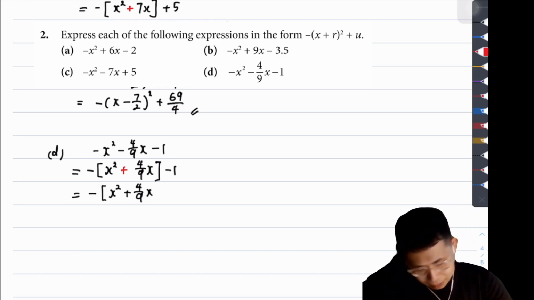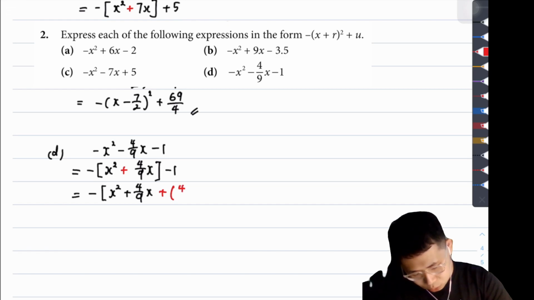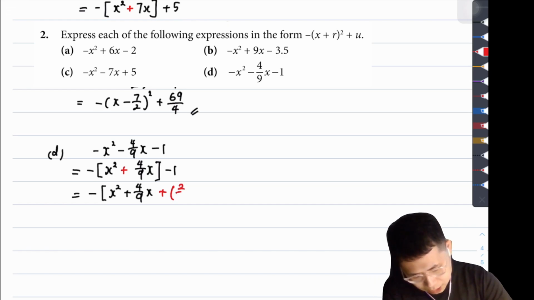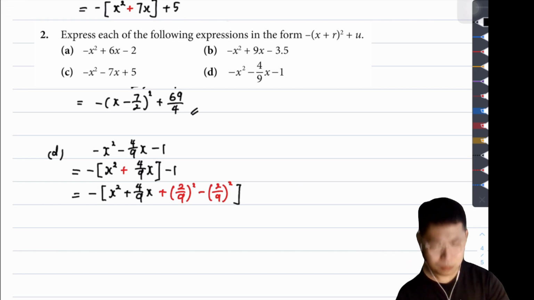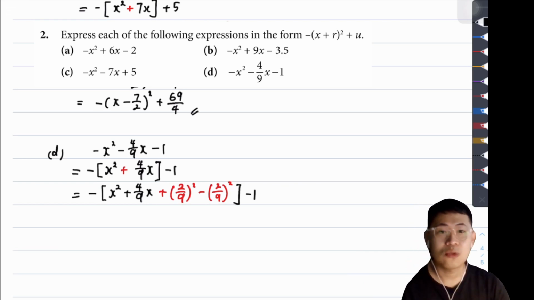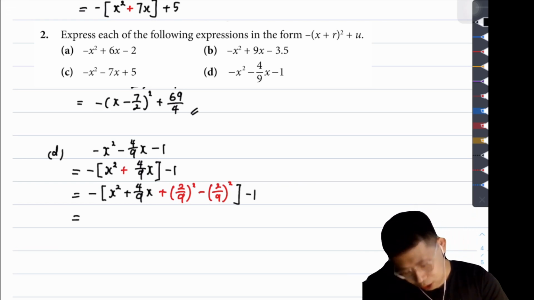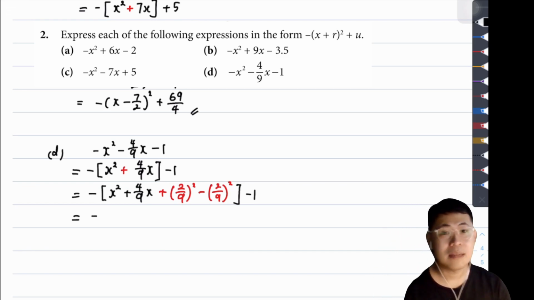So I'm going to add my b over 2 squared, so 2 over 9 squared, minus away b over 2 squared. Do this so that your working is not too crowded, or you may not get the simplest form. We need to simplify as we go.